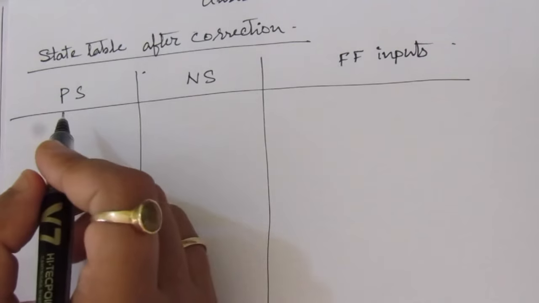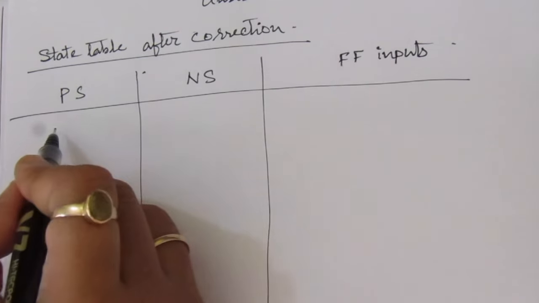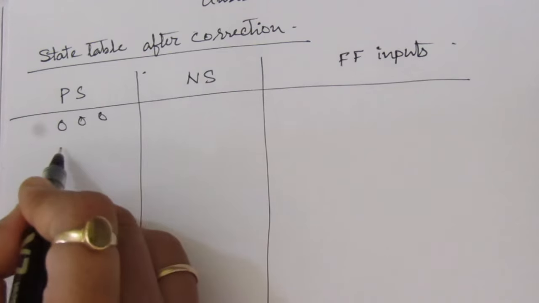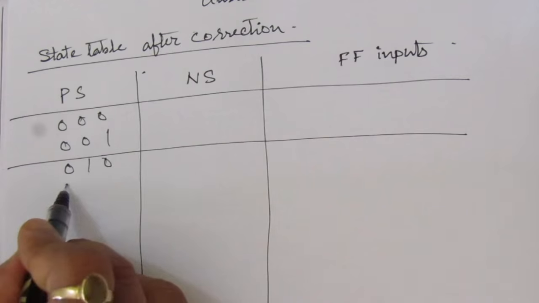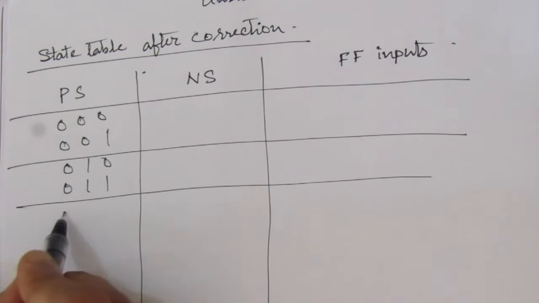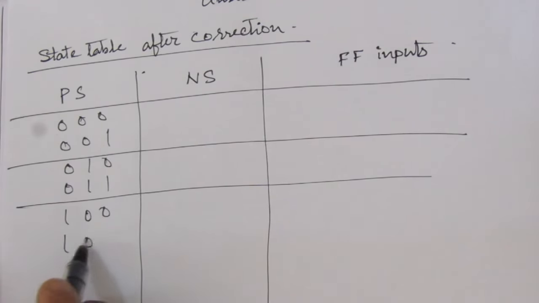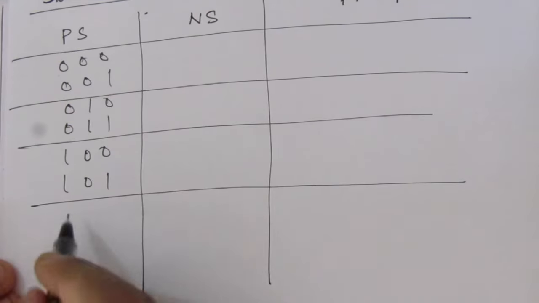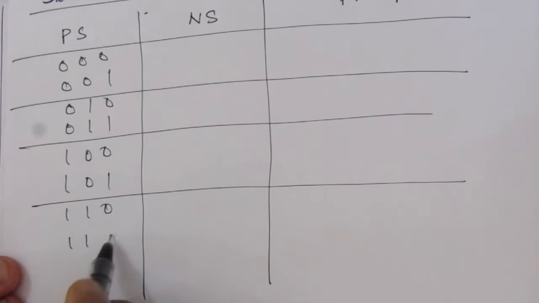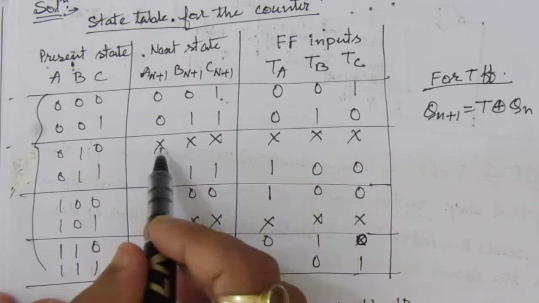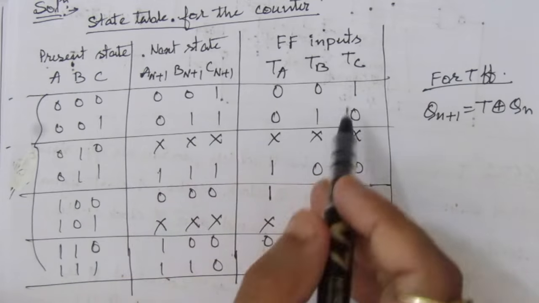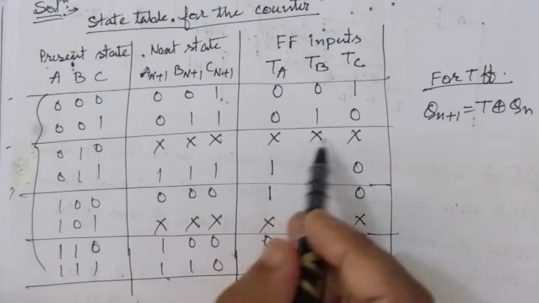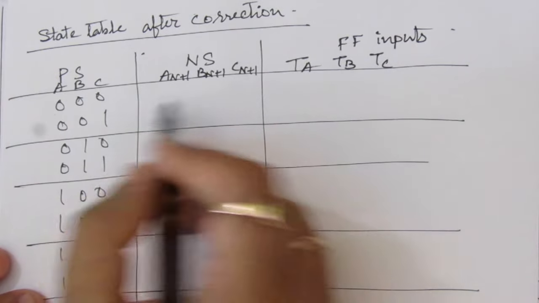The present states will be similar to the previous table: 0, 0, 0, 0, 0, 1, 0, 1, 0, 0, 1, 1, 1, 0, 0, 1, 0, 1, 1, 1, 0, 1, 1, 1, except these two states, that is 2 and 5. The remaining table will be similar, and only now we have to fill up this table as per the assumed conditions. So these two rows will be similar.